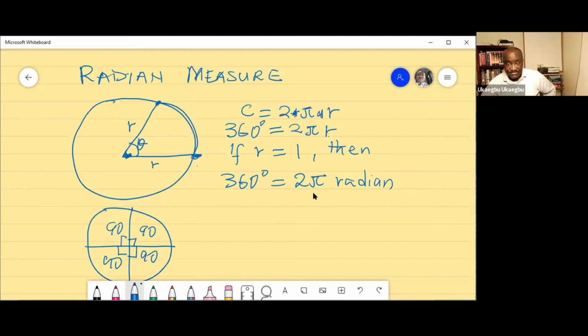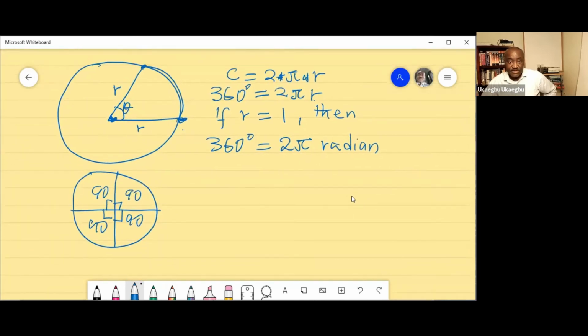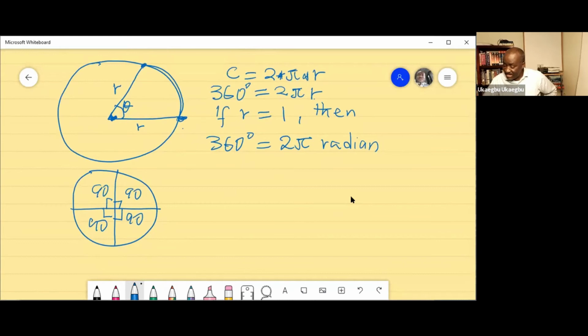As a matter of fact, radian is defined if the length of an arc is equal to the radius of the arc. So let me repeat.